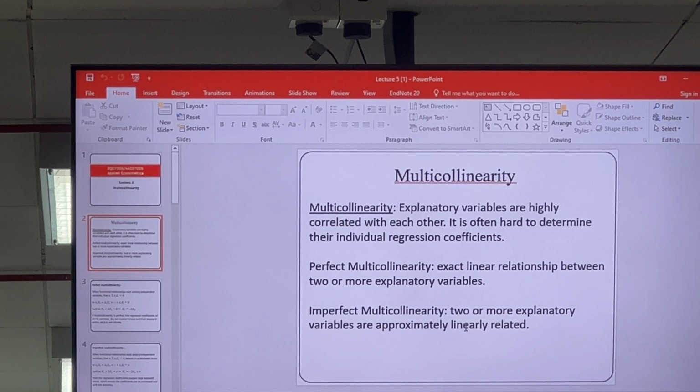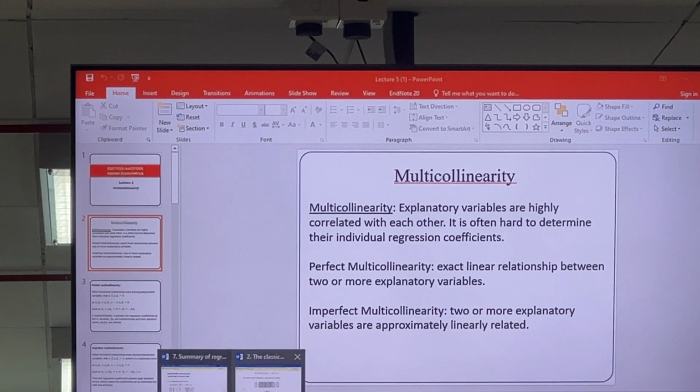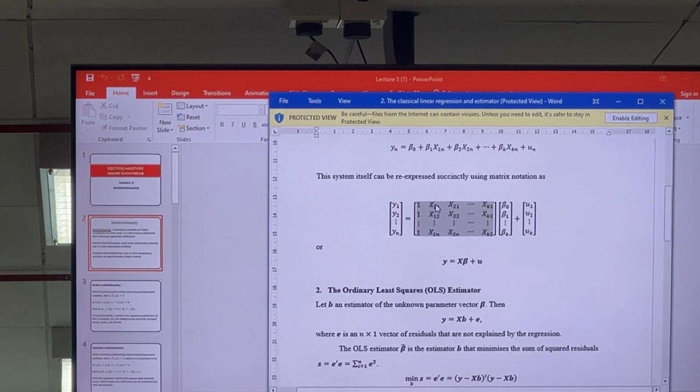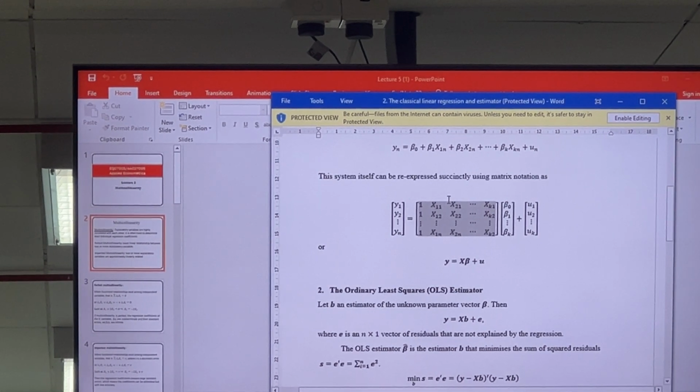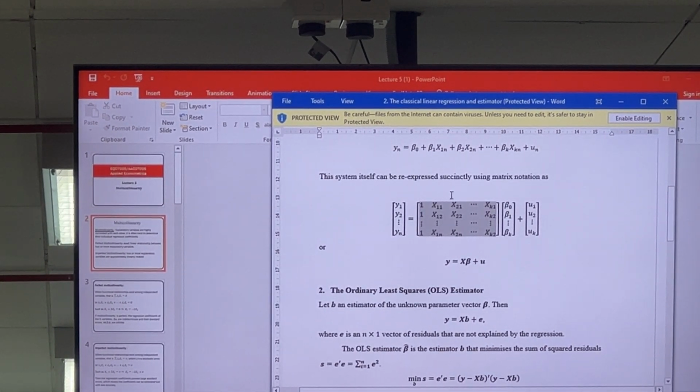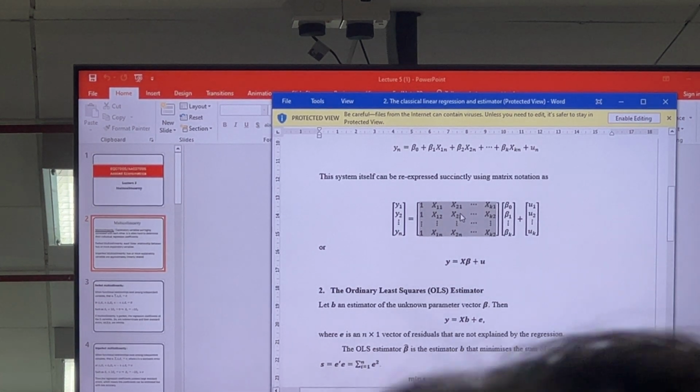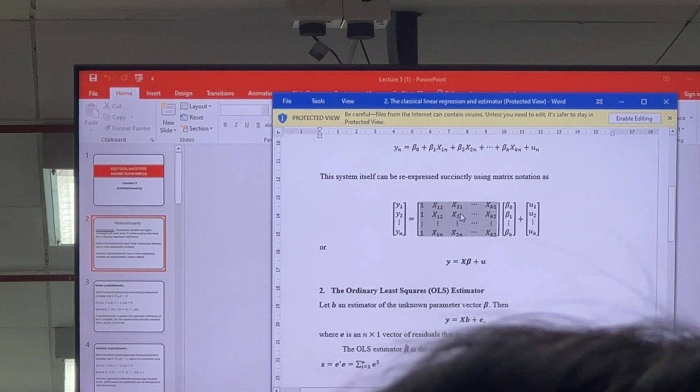Imperfect multicollinearity is when two or more explanatory variables are approximately linearly related. For example, the first regressor is approximately, not exactly the same, but approximately equal to 2 times the second regressor.